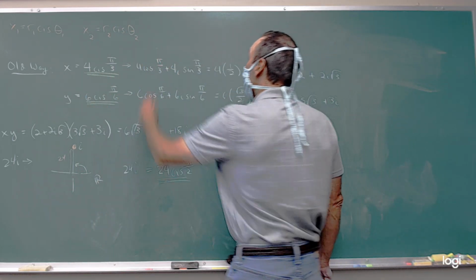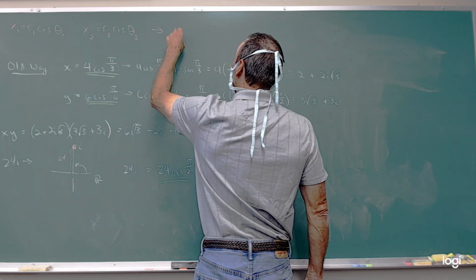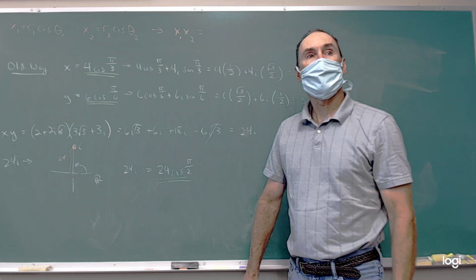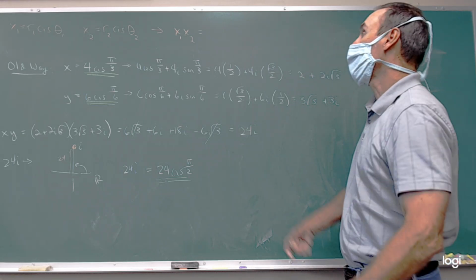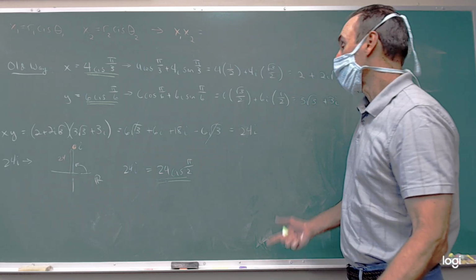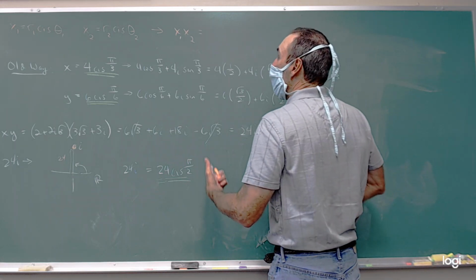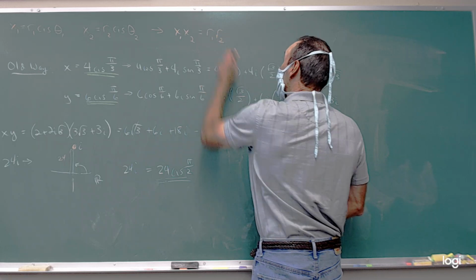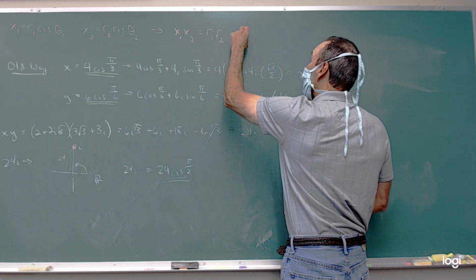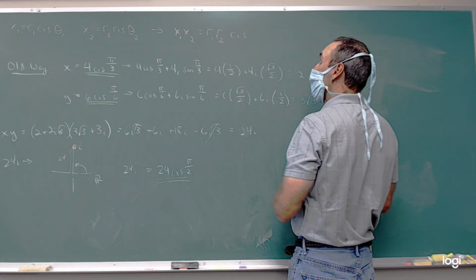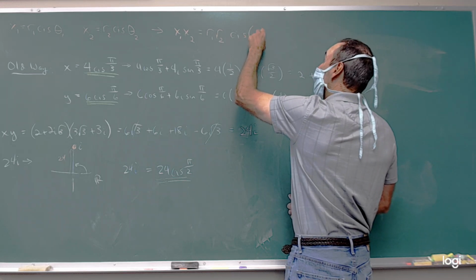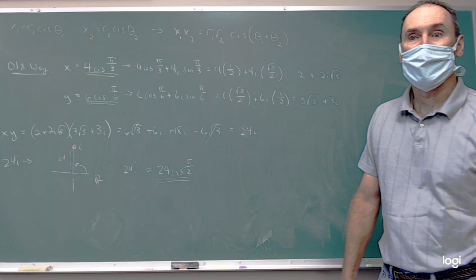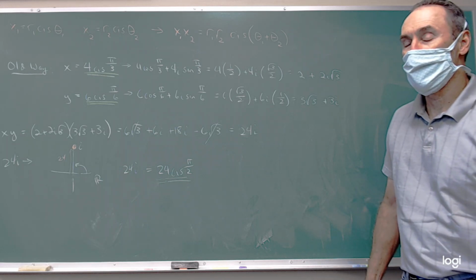Then, if we multiply x1 times x2, we multiply two complex numbers in polar form, what we're going to get is what? R1 times R2 cis theta 1 plus theta 2. Oh, it just doesn't get much better than that.